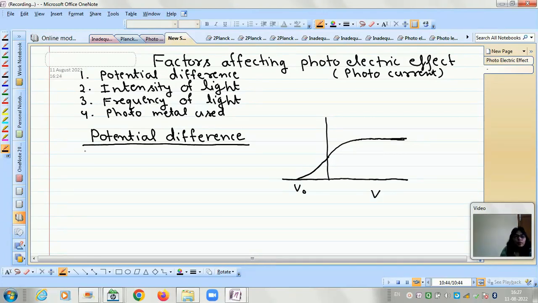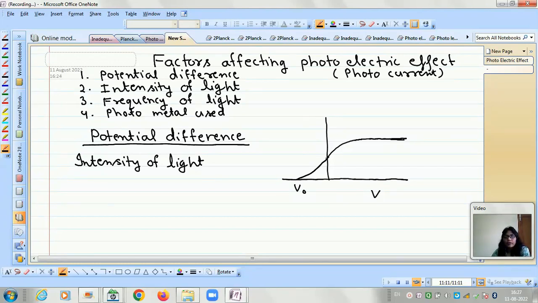Now come to the effect of intensity. Effect of intensity of light. The increase in intensity of light means there will be more number of photons, and more number of photons means more number of ejected electrons, and if the number of electrons are more, it means we are getting more current.